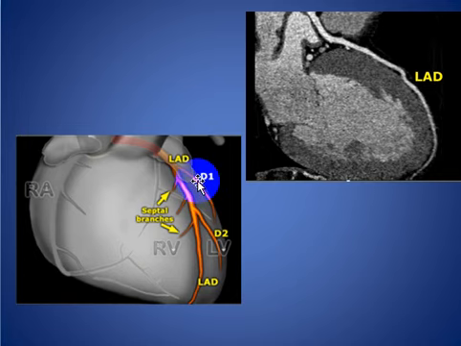The first diagonal branch serves as the boundary between the proximal and the mid LAD. And we have more than one diagonal branch, and D2 is between the mid and the distal.